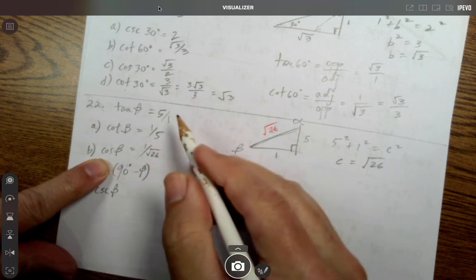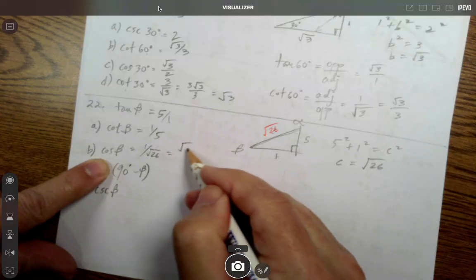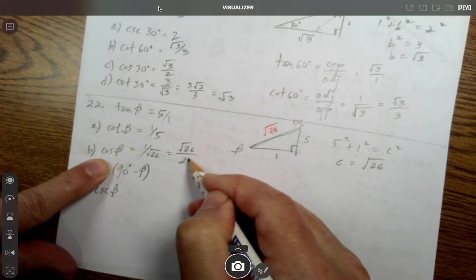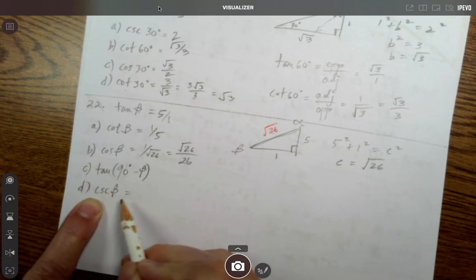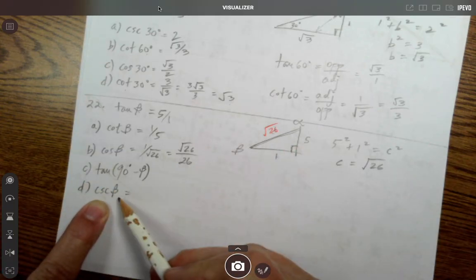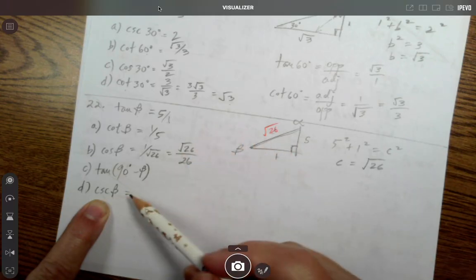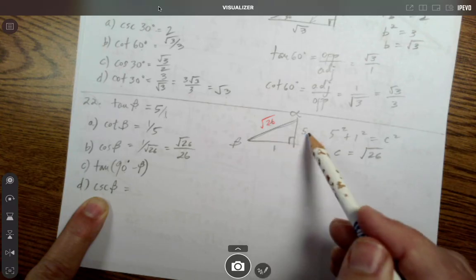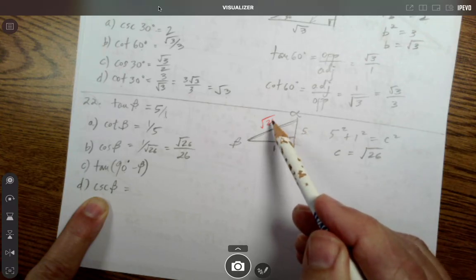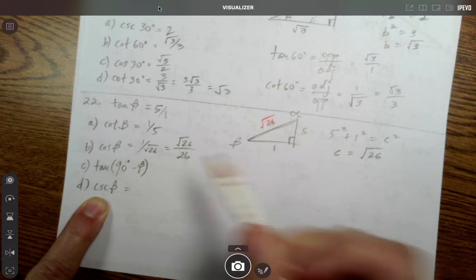We need to multiply top and bottom by the square root of 26, so the square root of 26 over 26. Let's skip this one for now. Cosecant of beta is the reciprocal of sine. Now sine is that over that, right? 5 over the square root of 26. So if I flip that over, it's the square root of 26 over 5.